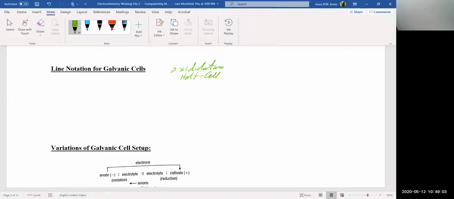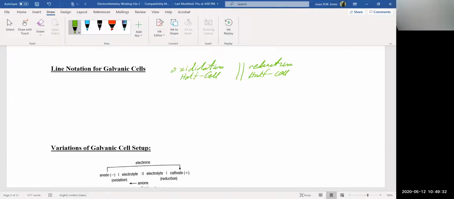And then you have over here a physical barrier represented by a double line over here. That is the physical barrier between the two half cells. And then you write the notation for the reduction half cell to the right of that physical barrier, or that double vertical line. Reduction half cell.